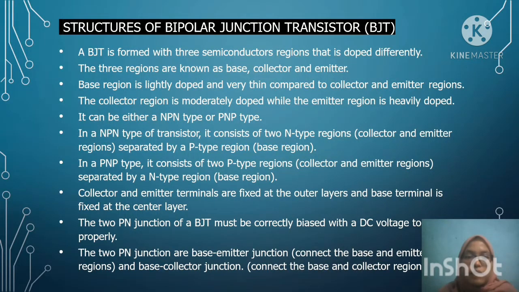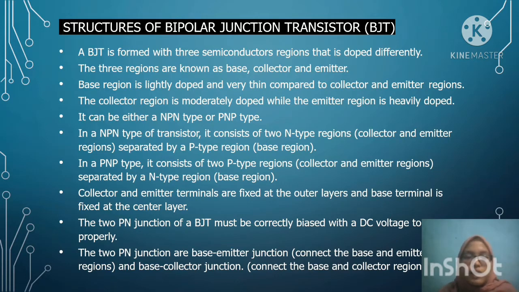But in a PNP type, it consists of two P-type regions, which are the collector and emitter regions, separated by an N-type region, which is the base region. For both the NPN type and PNP type transistor, the collector and emitter terminals are fixed at the outer layers and the base terminal is fixed at the center layer.